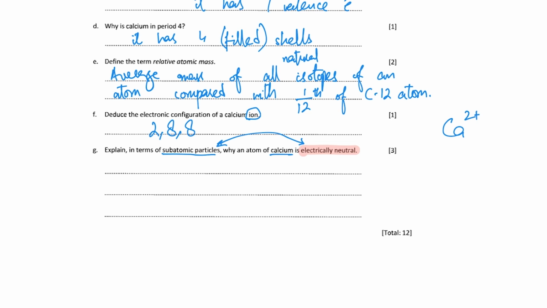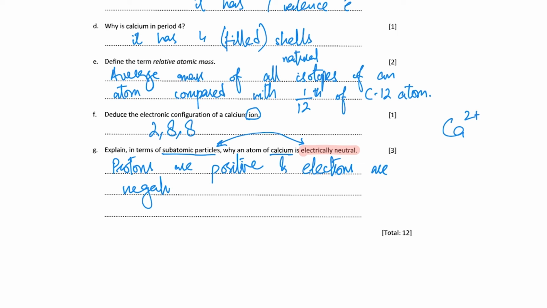So here's how I would take it. I'll start by saying that protons are positive. So I'm trying to build a relation between subatomic particles and the electrical charge. So protons are positive and electrons are negative.